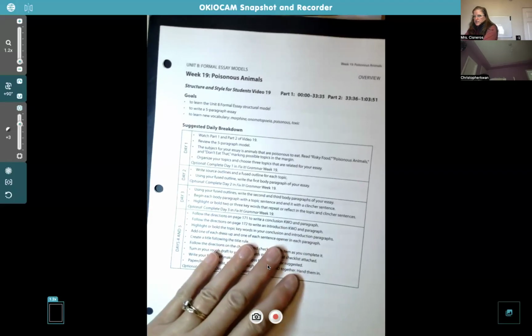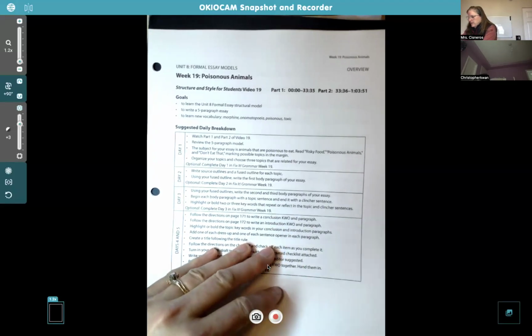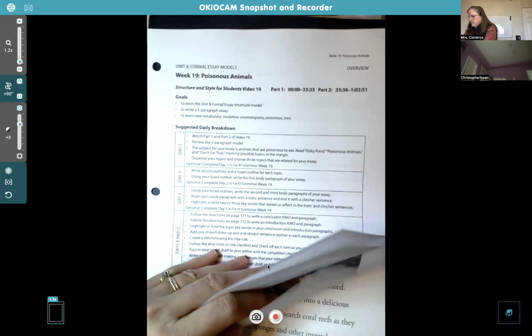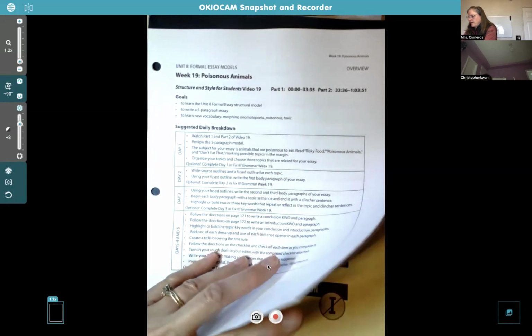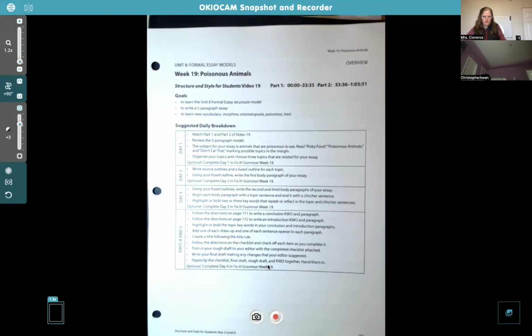Let me see how many pages it is. 1, 2, 3, 4, 5, 6, 7, 8, 9. It's probably the biggest packet we've had yet. It's all right. We don't need to be afraid of that. Week 19, poisonous animals.